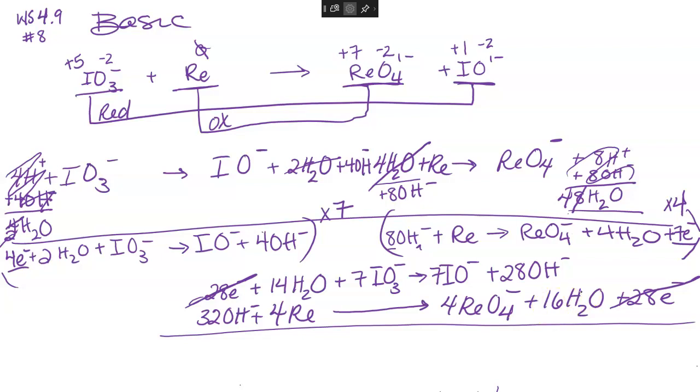Which one cancels? 14, leaving me with how many left? Hydroxide, which cancels? 28, leaving me with how many? Right, what's left? So 7IO3, doesn't matter which order? No, as long as it's on the correct side.